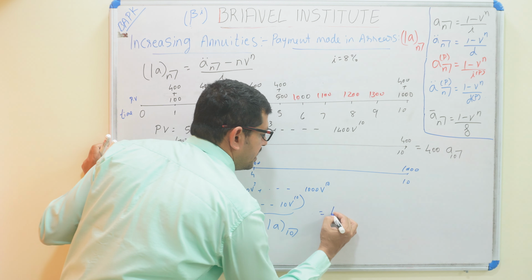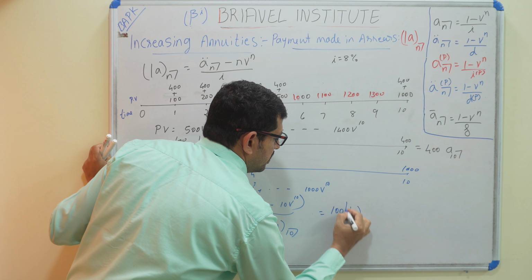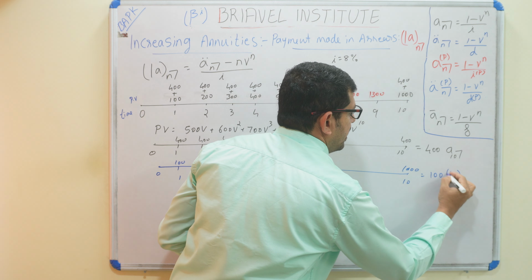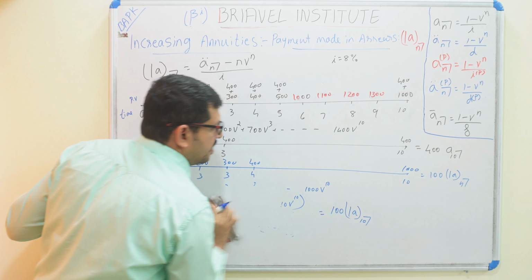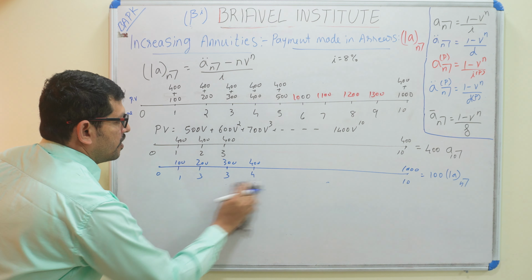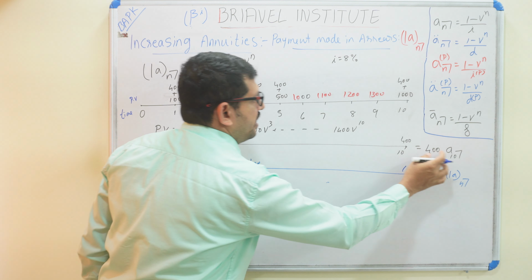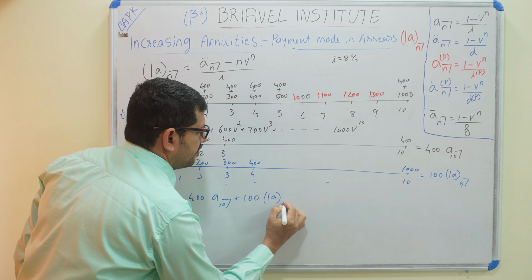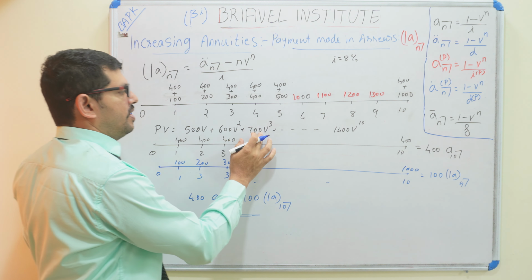So this is 100 (Ia)10. If you make the sum, 400 a10 plus 100 (Ia)10, you will get the answer. It is the 500, 600, 700 split as 500v, 600v squared, 700v cubed.